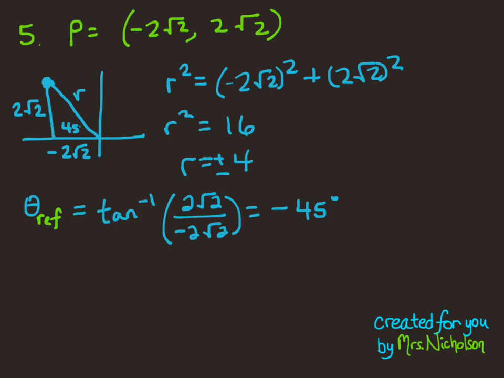But for this angle here, I really need this outside angle. And so my actual theta is going to be equal to 180 minus 45, or 135 degrees, which is the 45-degree angle in quadrant 2. They ask us to graph point P on the polar graph, and you can do that on your grid.